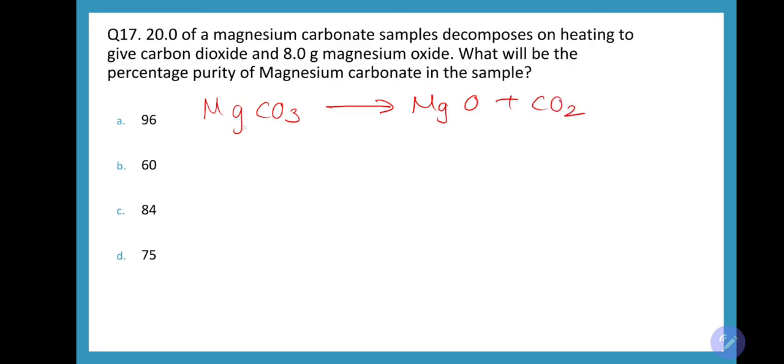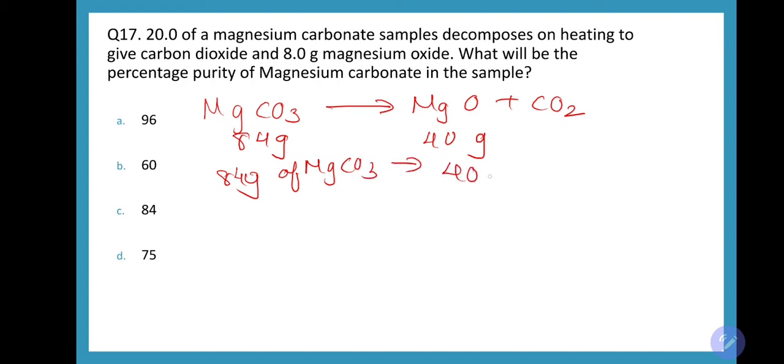The quantity of magnesium carbonate is 84 gram and that of magnesium oxide is 40 gram, from the molecular mass. So 84 gram of MgCO3 will give 40 gram of MgO.